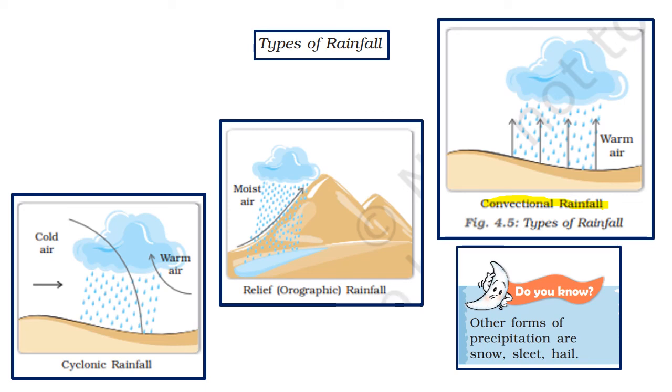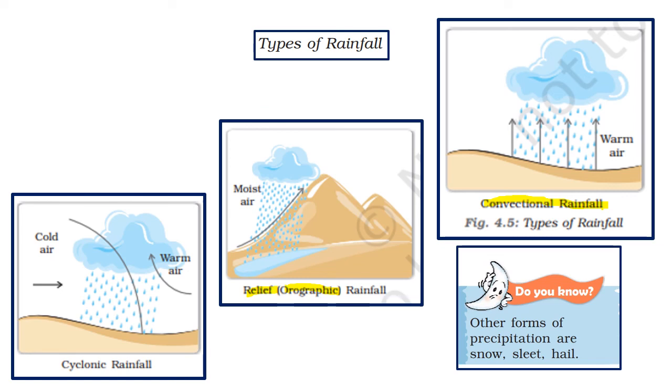This type of rainfall is called relief rainfall or orographic rainfall. After shedding all moisture on the windward side, the wind becomes dry, crosses the mountain and moves downward. On moving down, it gets heated, so it doesn't cause rain on the other side of the mountain, and this side is called the leeward side of the mountain.